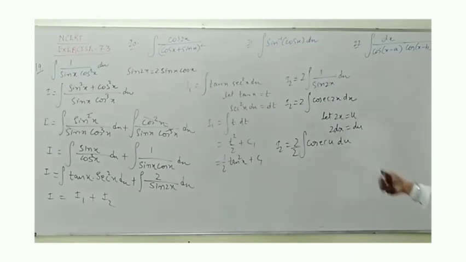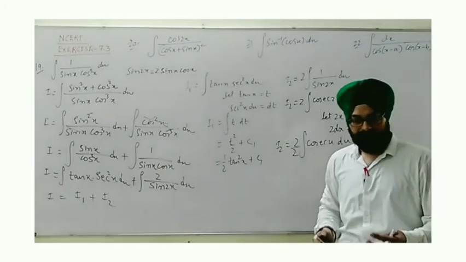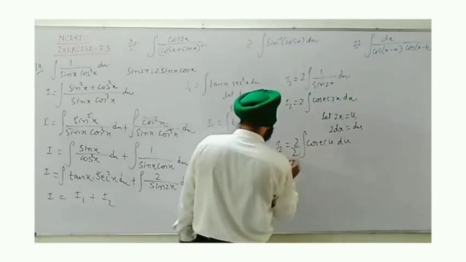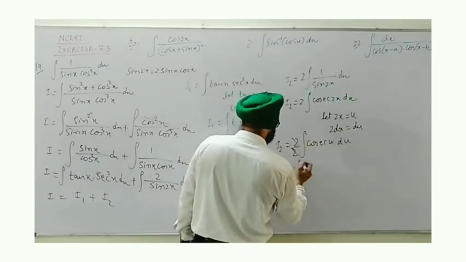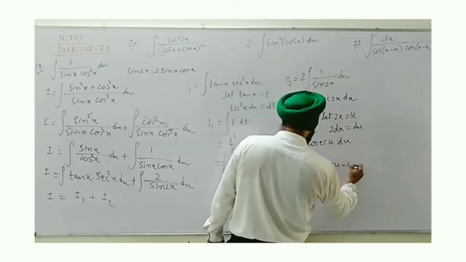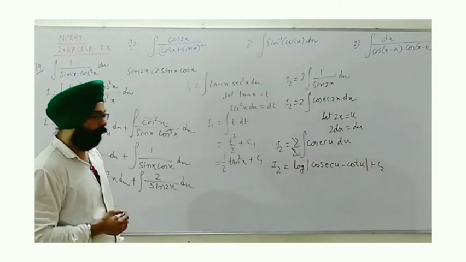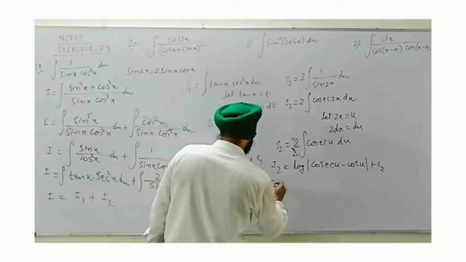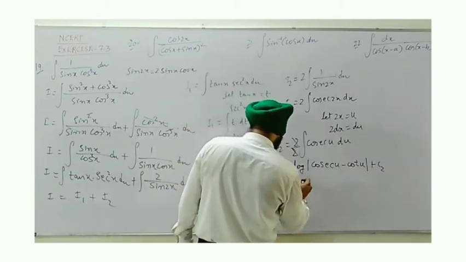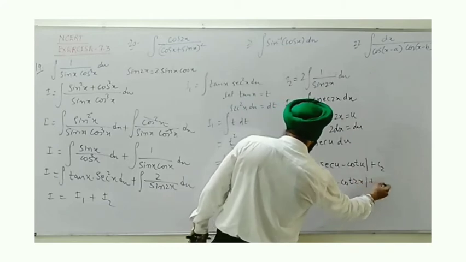Cosec u, we can use it directly as an identity in questions. The integration of cosec u is log of cosec u minus cot u plus c2. U replaced by the value 2x, I2 becomes ln of cosec 2x minus cot 2x plus c2.